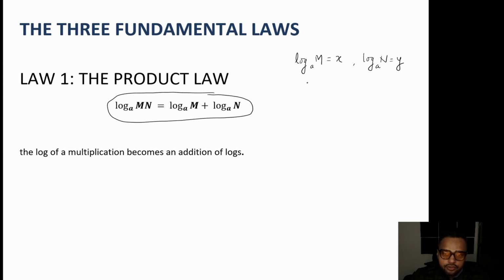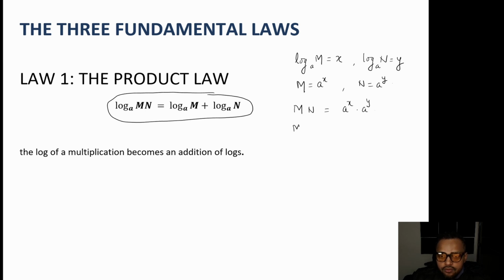From here, as I've already told you how we could solve, m will be equal to a raised to the power x. Similarly, n will be equal to a raised to the power y. If we multiply these terms, it will be m times n. Similarly, on the right hand side, it will be a to the power x times a to the power y.